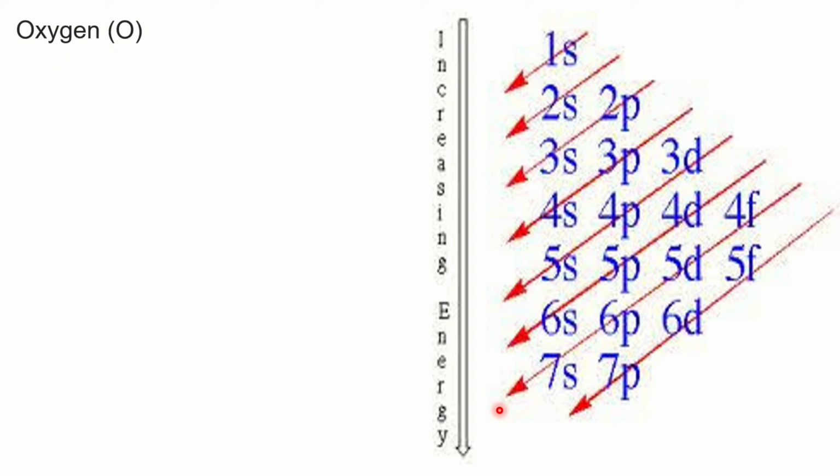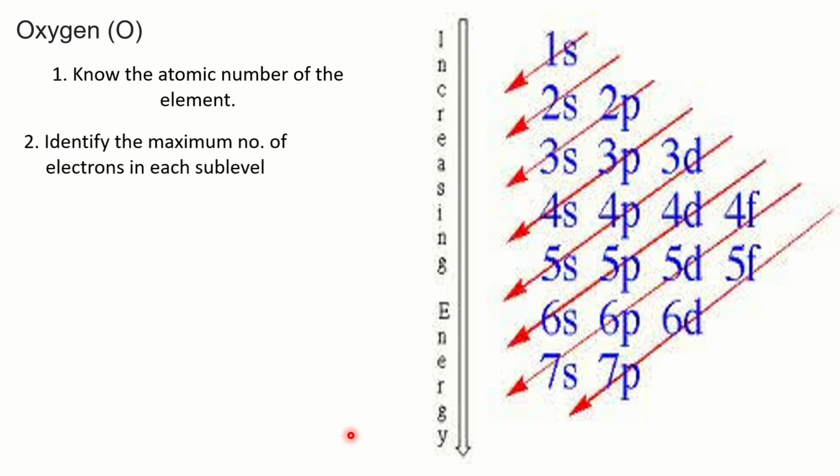Now, let us write the electron configuration of oxygen. So how to write the electron configuration? First step, you have to know the atomic number of the element. Using the periodic table, you have to look at the atomic number of oxygen. Second step, identify the maximum number of electrons in each sublevel.